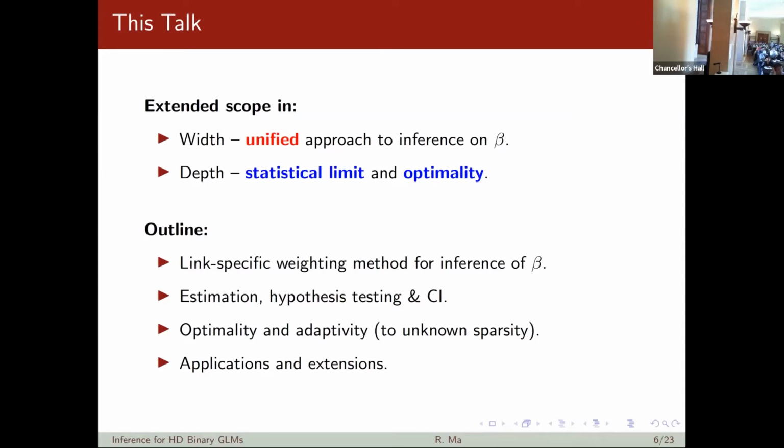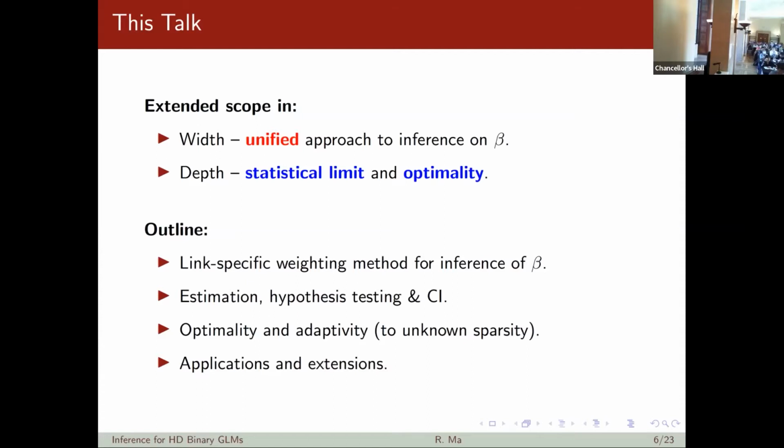Here, by allowing flexibility of the link function, we are giving a unified treatment of a large class of problems in terms of inference on beta. On the other hand, we also want to have a more in-depth understanding of the problem as a whole, not only proposing a specific inference procedure, but also understanding what the statistical limit is and what the optimal procedures are for the problem.